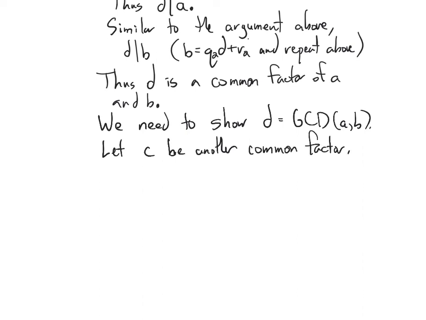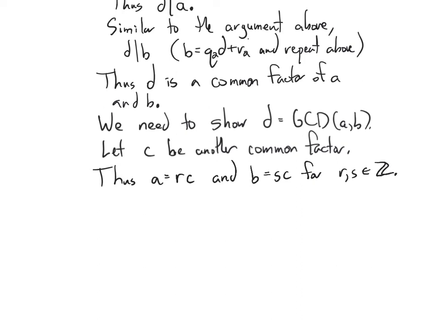And what does that mean? That means you should be able to write A as, let's say, R times C, and B as S times C for some integers R and S, which is great.